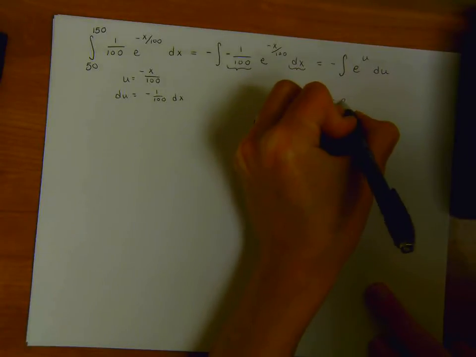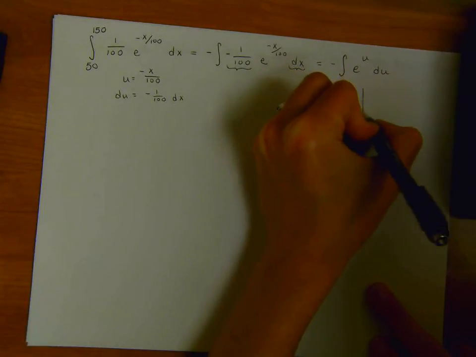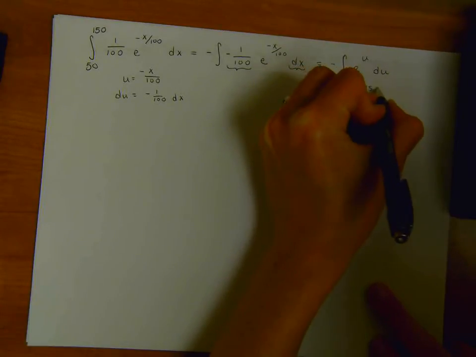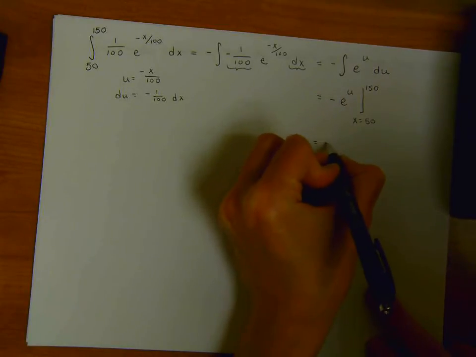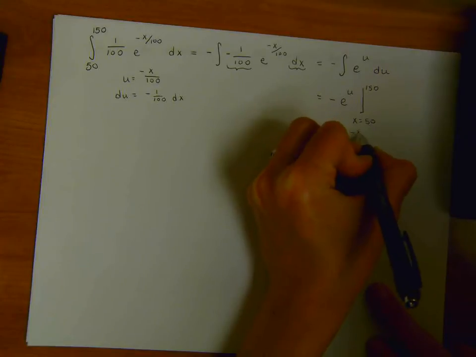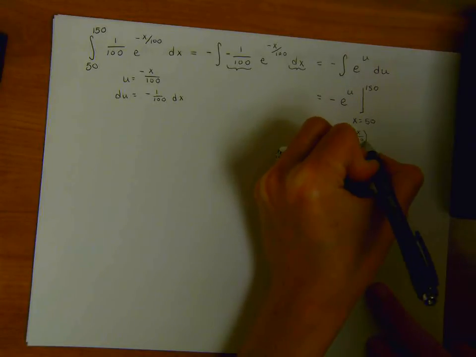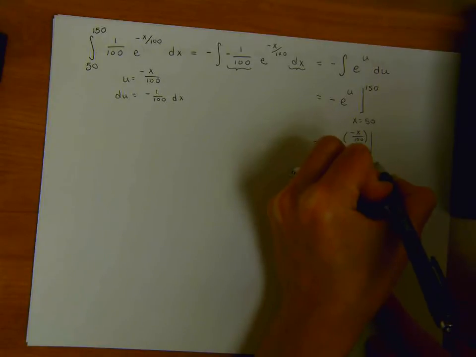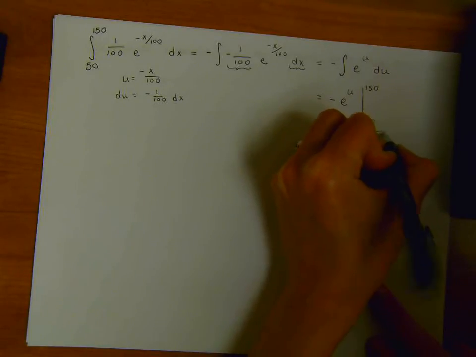So I get negative e to the u evaluated from x equals 50 to 150. So I need to go back and plug into my function. So this is negative e to the negative x over 100 evaluated from x equals 50 to 150.